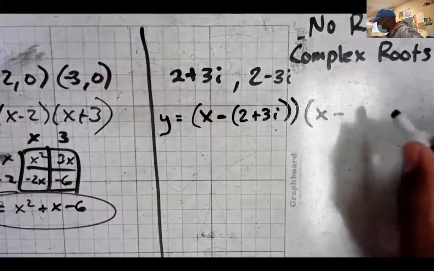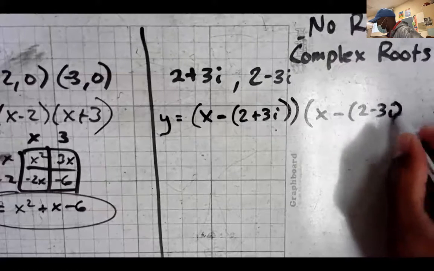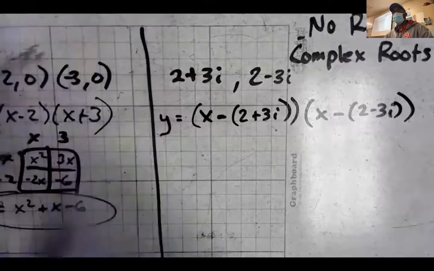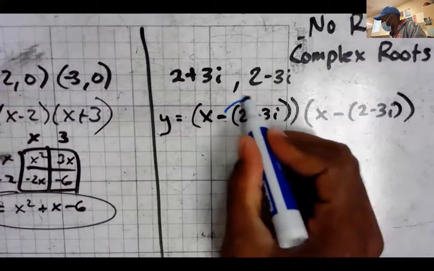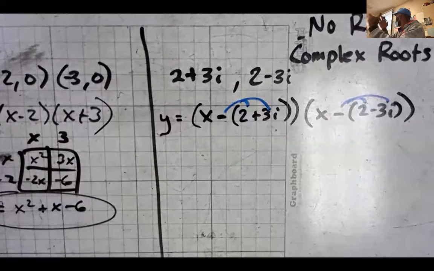So x minus, again, the same thing. But now I have to simplify that. If you notice, I've got parentheses within parentheses. So with that negative, I'm first going to have to distribute it because I've got a negative outside of parentheses there.